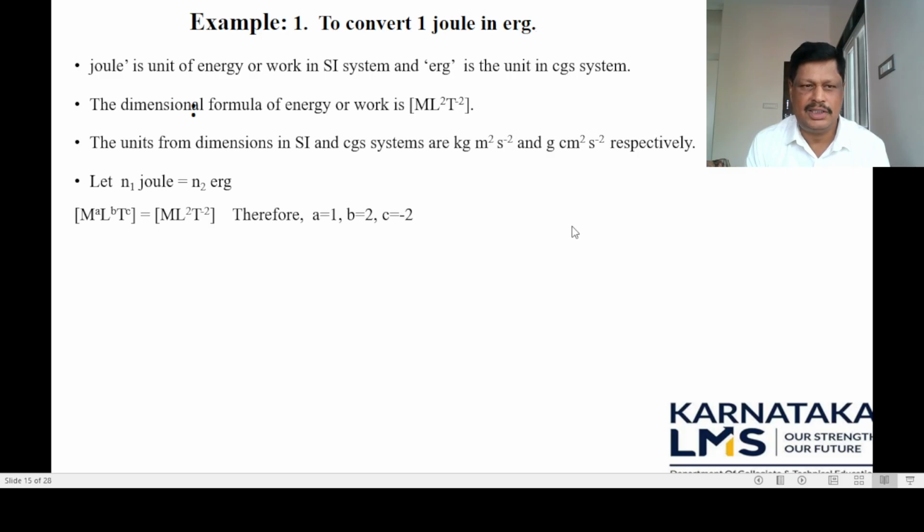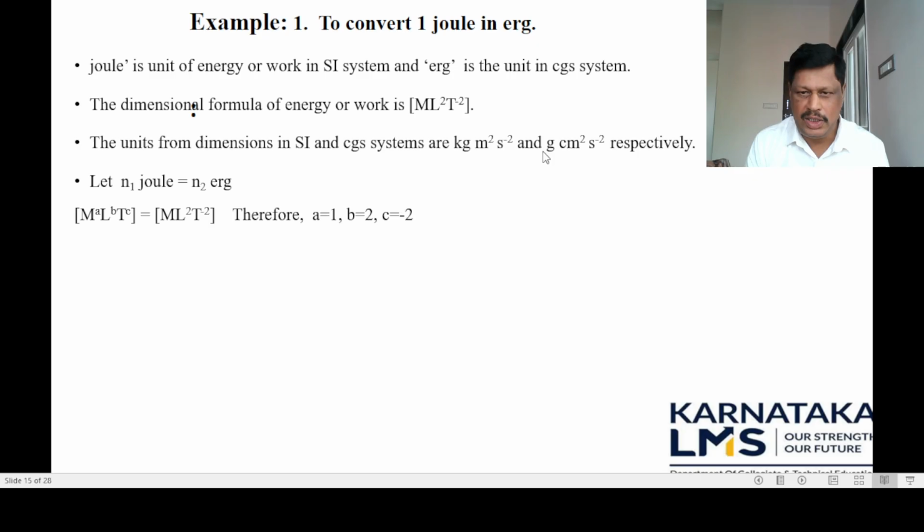We already know that the dimensional formula of energy or work is M L square T to the power of minus 2. The units from dimensions in SI and CGS systems: kg for mass, meter for length, so L square, meter square, and for time, second, so T to the power of minus 2, second to the power of minus 2.